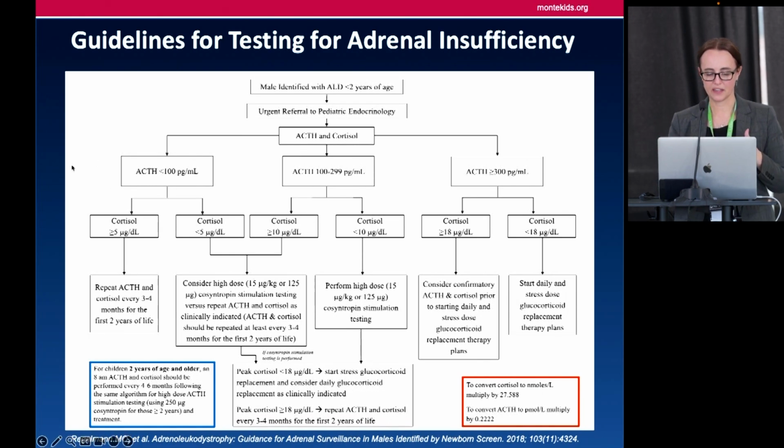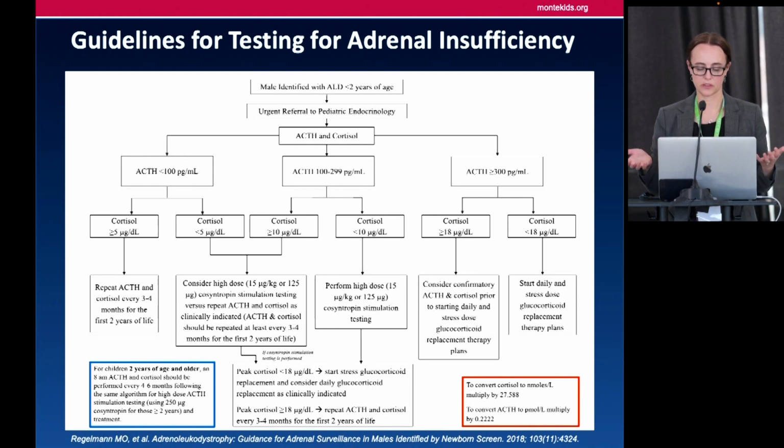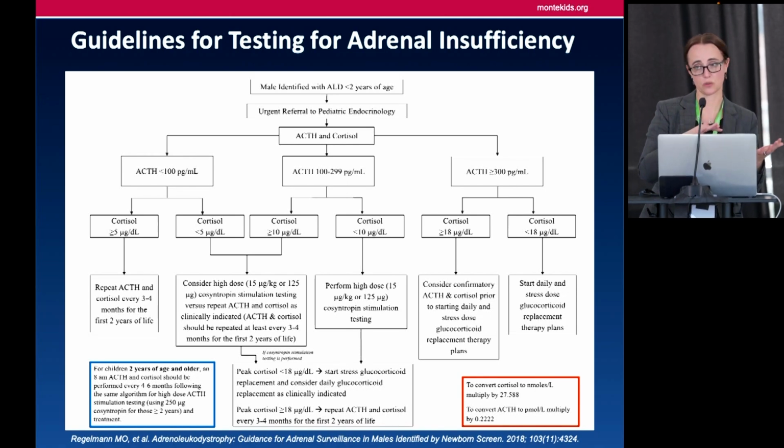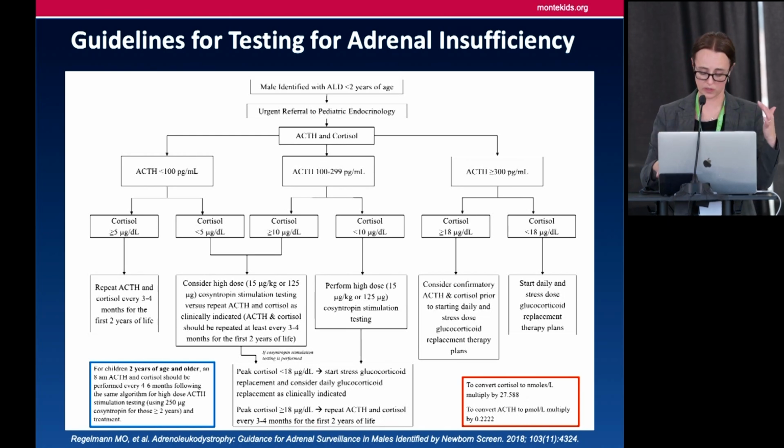For the ACTH values, as I said, there are no established levels for what's normal in anyone under the age of 3, and so these levels were based on best clinical estimates. It's not unusual to see a newborn with an ACTH level that's hovering around 100. The question is whether that's going to progress to frank adrenal insufficiency or normalize, and that can be very tricky.